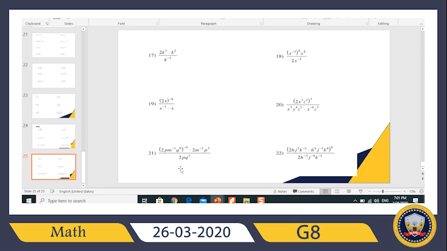Let's collect the like terms. Let's see first, 2 power negative 4 times 2 power 1 over 2 power 1. 2 will go with the 2.